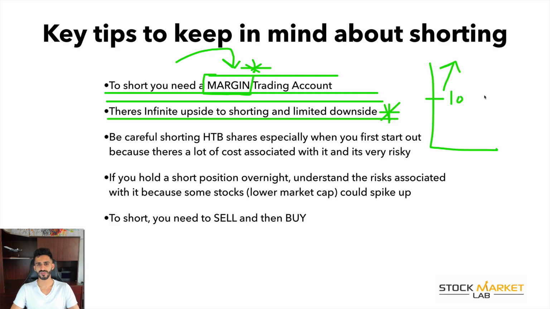Once you become a more advanced trader, cool, those techniques are totally fine. But starting out, please be careful shorting, because if you short the wrong stock and that stock ends up going from, let's say, $2 to $7 overnight, you could lose more money than you potentially invested. So please be careful on what you short, especially when you first start out, guys.